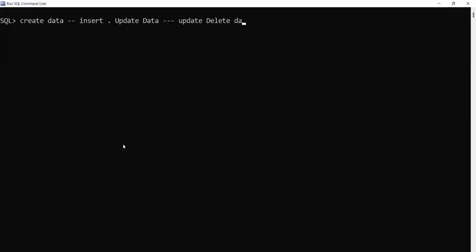Whenever you want to remove something that has been created, you don't need that data now, so we delete the data. And for that purpose also, you use a single statement that is delete. So the number of statements in Oracle, or you can say SQL, is very limited, and these statements perform some specific task that we have to keep in mind.